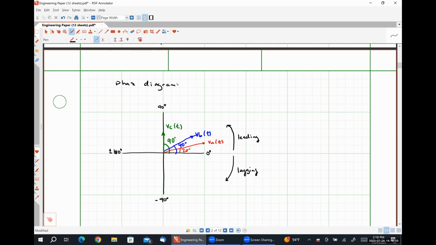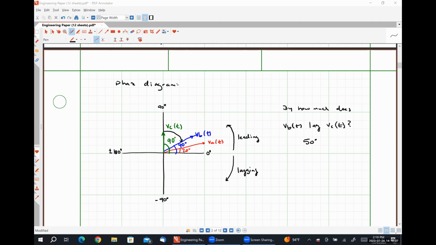So if we want to say by how much VB of t lags VC of t, we would start measuring from VC of t and go in a clockwise direction for lagging. We would have 90 degrees minus 40 degrees, which is equal to 50 degrees. So VB lags VC by 50 degrees.